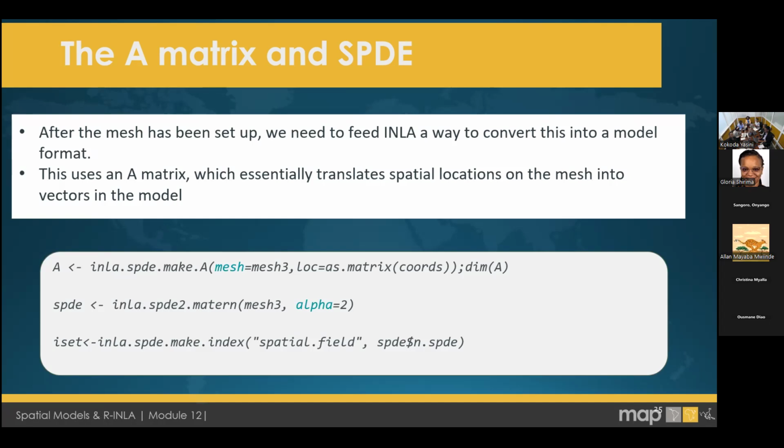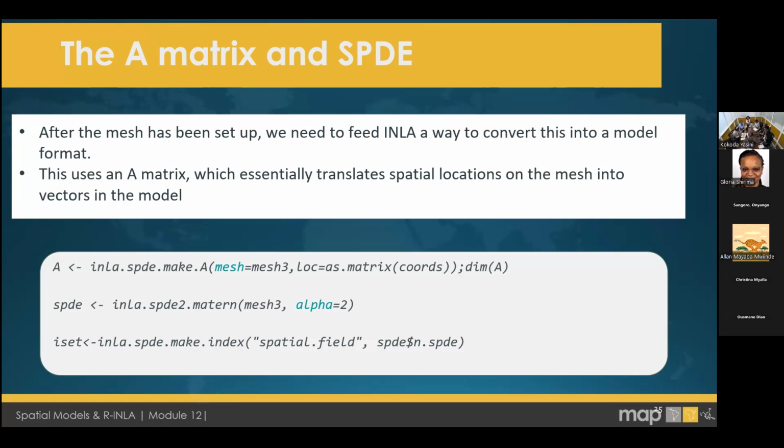You use the function inla.spd.make.A, where you have as arguments the mesh and your locations, and you can get your A matrix. This A matrix creates a sparse matrix from your data points, and creates an SPD for a spatial structure.